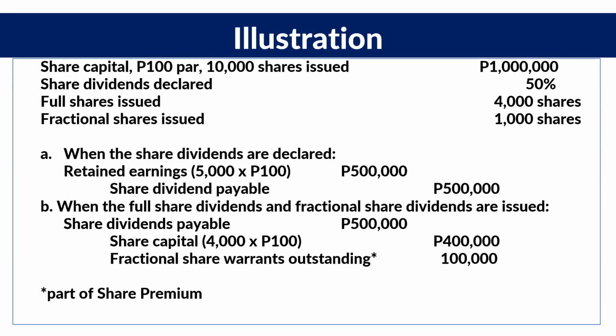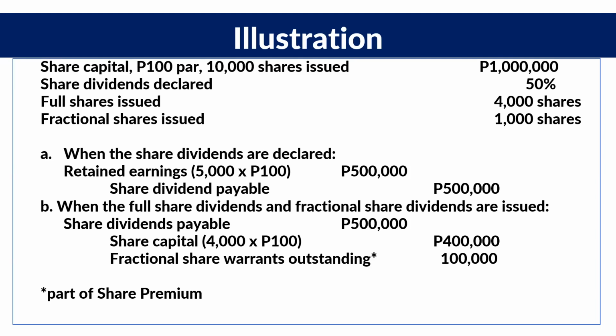So we have here an illustration. We have share capital of 10,000 shares, so 1 million. Share dividends declared is 50%, so that means 5,000 shares. And we're given that the full shares are 4,000 and the fractional shares are 1,000.